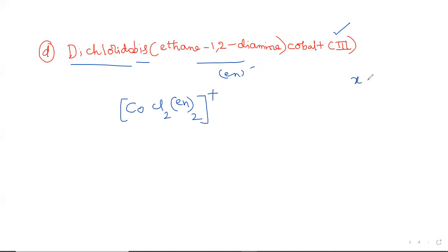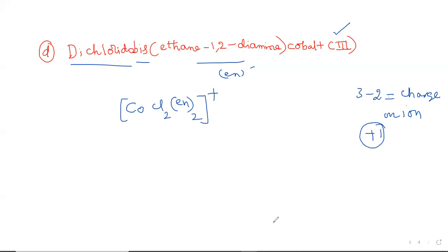Cobalt oxidation state is plus 3, minus 2 for the chlorines, equals the superscript, that means the charge on the ion. So 3 minus 2 is plus 1. That's why we have taken charge plus 1 over this coordination entity.